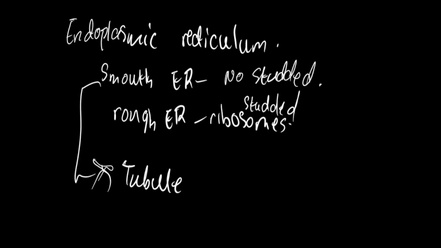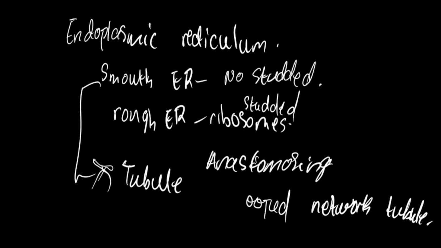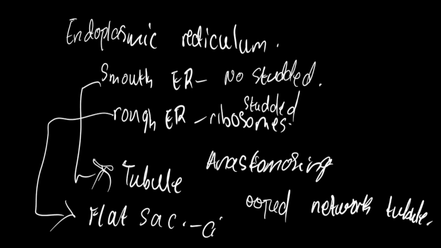It is formed of, very fancy word, anastomosing tubules. This simply means a looped network of tubules. The rough endoplasmic reticulum, in terms of structure, has the appearance of a flattened sac, and it's called the cisterna.